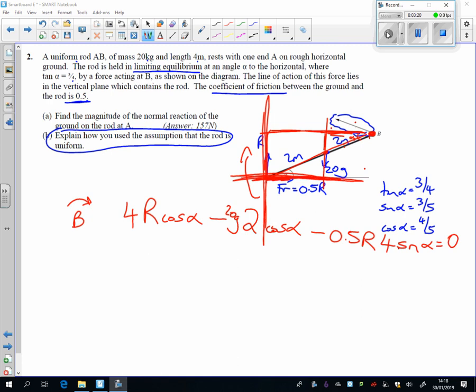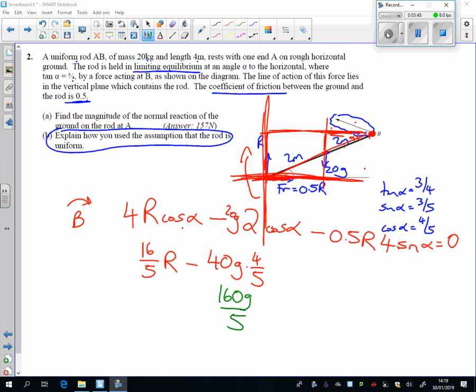Our job is to find out what R is. Cos alpha we know is 4/5, so I've got 16/5 R here. This bit we can work out: it's 40G times cos alpha, which is 4/5, so I've got 160G over 5.